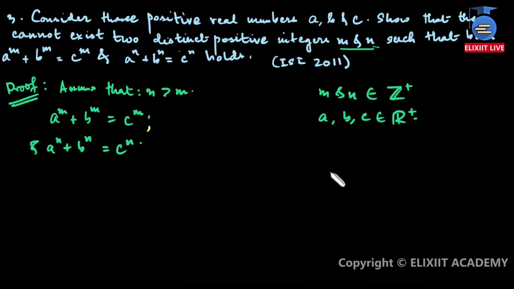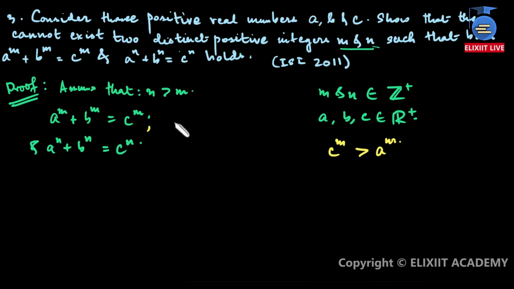Definitely c to the power m will be greater than a to the power m, since a to the power m plus b to the power m is c to the power m. Obvious reasons.